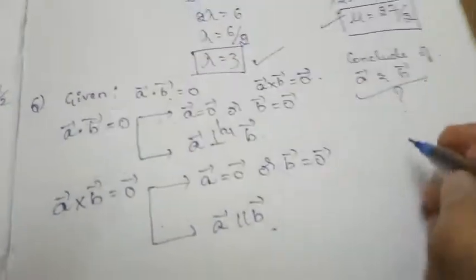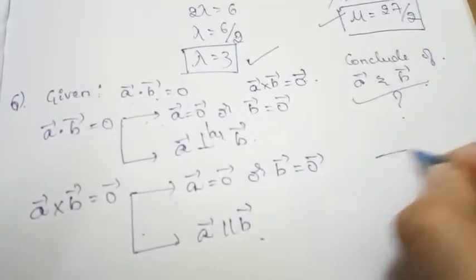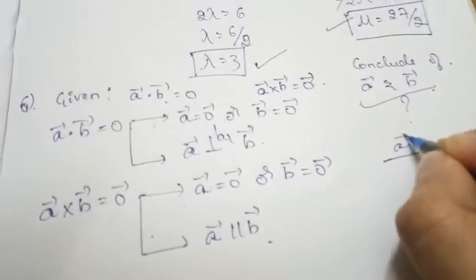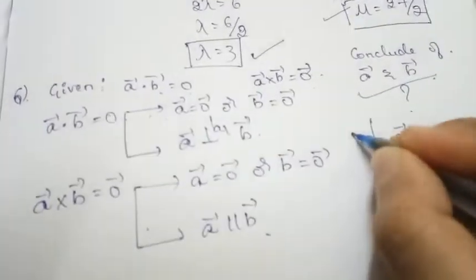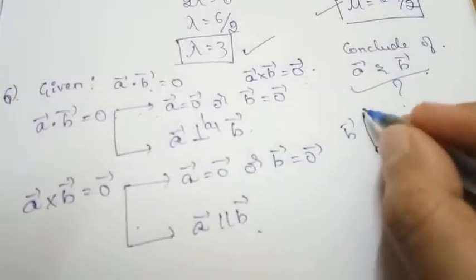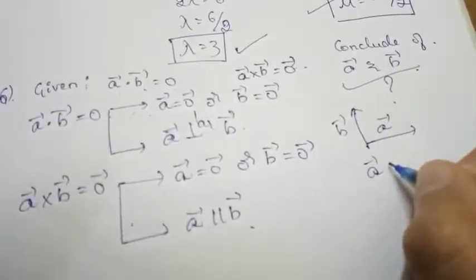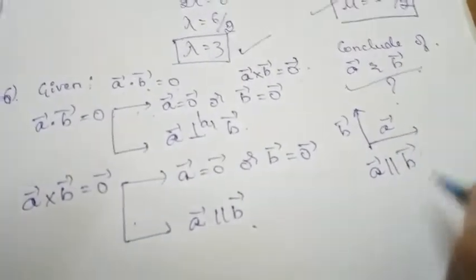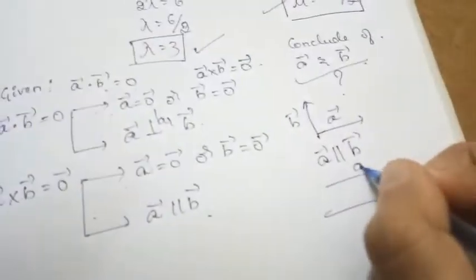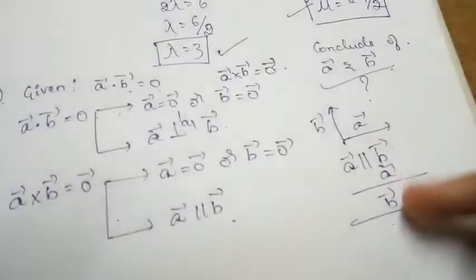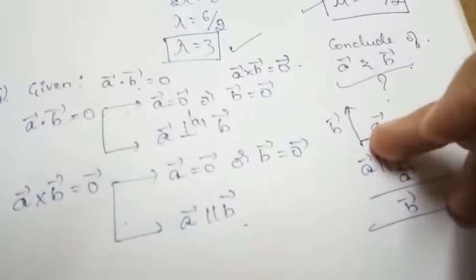But with our common sense we know that, suppose this one is vector A and this one is vector B, and vector A is perpendicular to vector B, then vector A cannot be parallel to vector B. That is not possible. Either these two vectors are parallel or perpendicular.